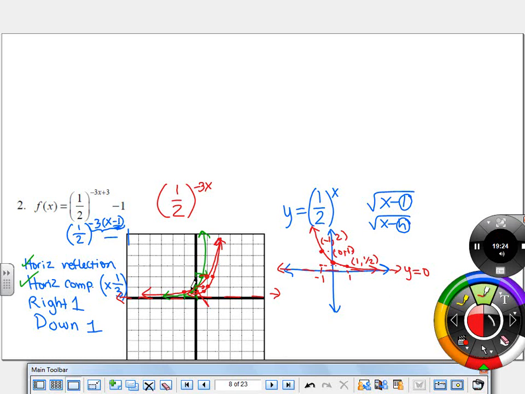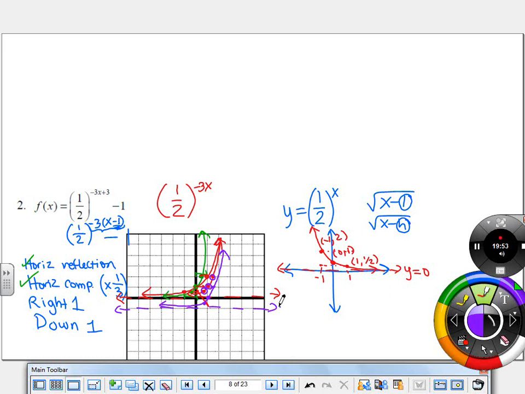And then we're going to go ahead and shift everything down 1. So our asymptote is going to move down 1. Our point that's right here is going to move down 1. Our point that's right here is going to move down 1. And our point that's right here is going to move down 1. So then we have this exponential graph.